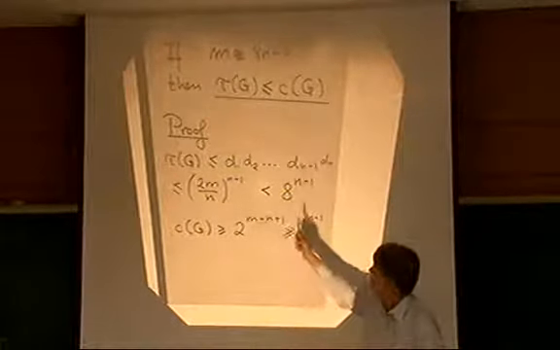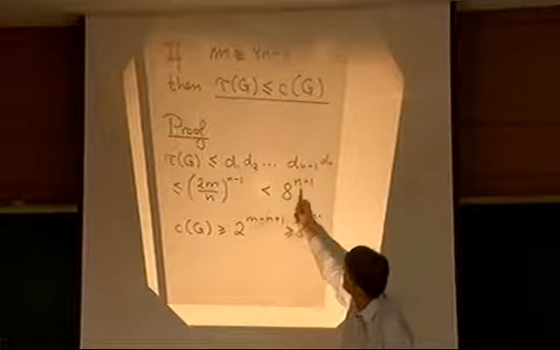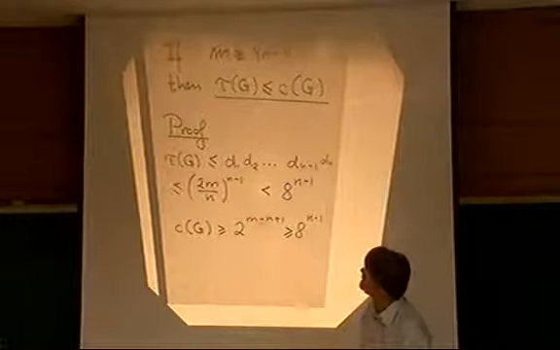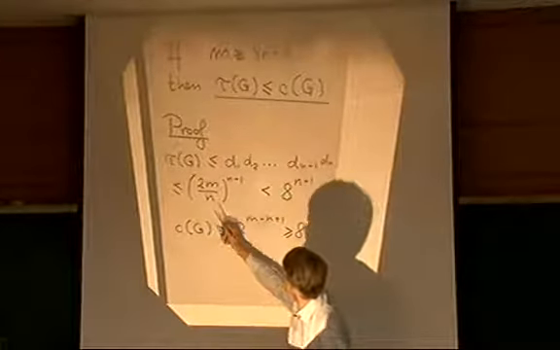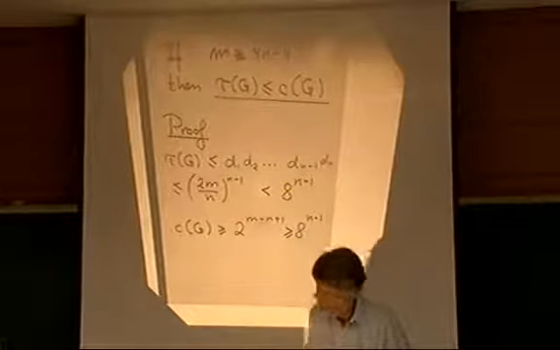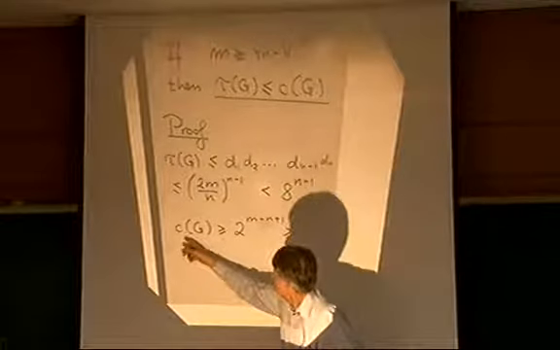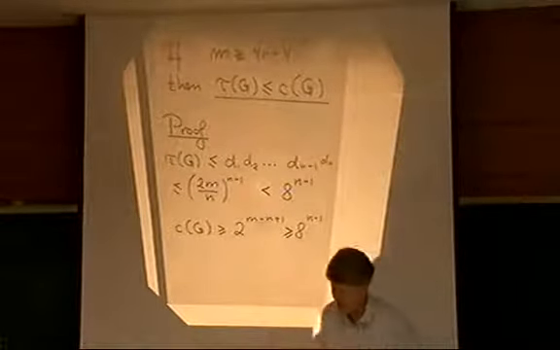And then when I did this this morning, I wrote smaller than 8 to the power n minus 1. And that's incorrect, because we say m is bigger than or equal to something, and therefore this inequality goes in the right direction. But let me nevertheless keep it. This is what I have just proved.